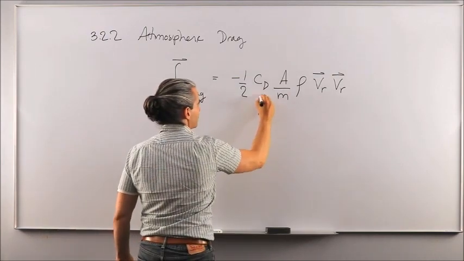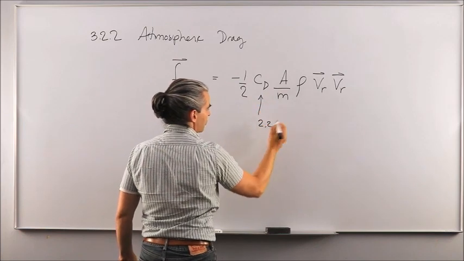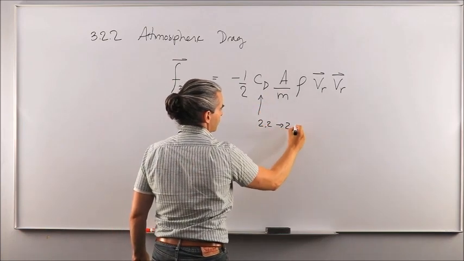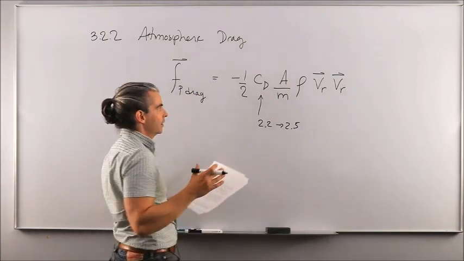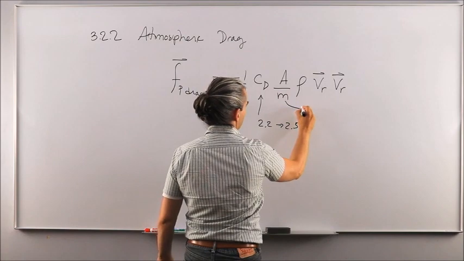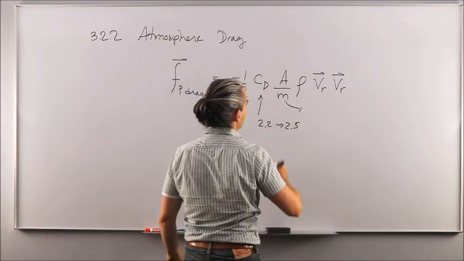Drag coefficient for a spacecraft between 2.2 to 2.5 is a good approximation of a cubic shaped object on orbit. Mass of the spacecraft is whatever.